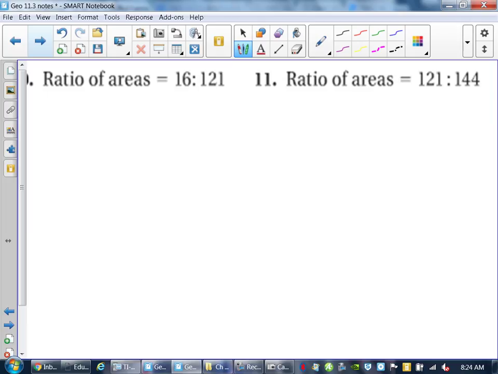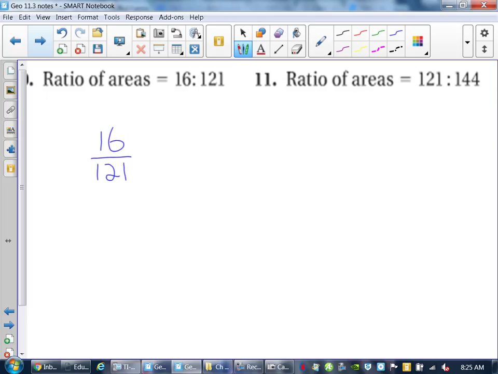The first number. Now, if these are ratios of areas, and it's saying 16 to 121, and I want to figure out what the ratios of the sides are, or the ratios of the perimeters, what do I do to that to get to it?